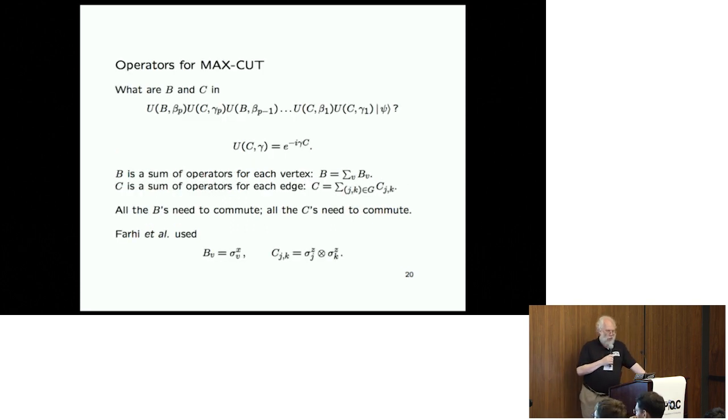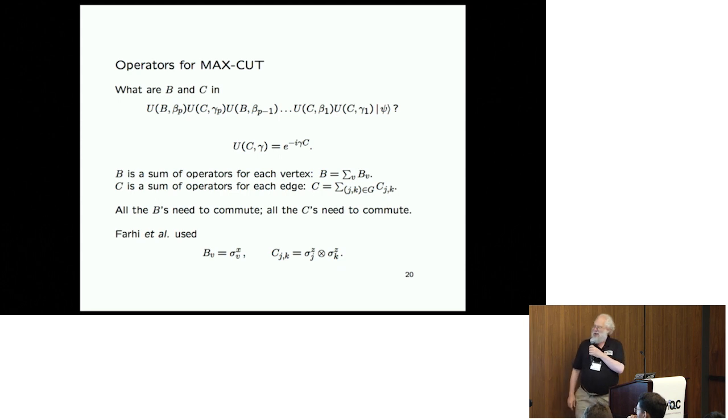Okay, so I should go back and talk more about these operators. So B is actually a sum of operators for each vertex, and C is a sum of operators for each edge. And for the QAOA to work, all of the B's need to commute, and all of the C's need to commute.